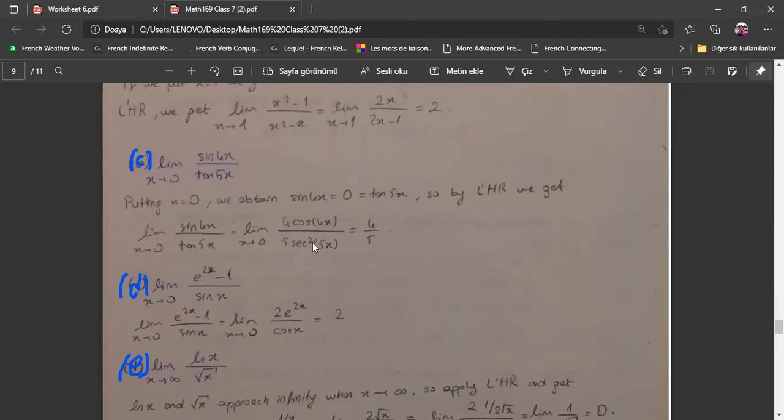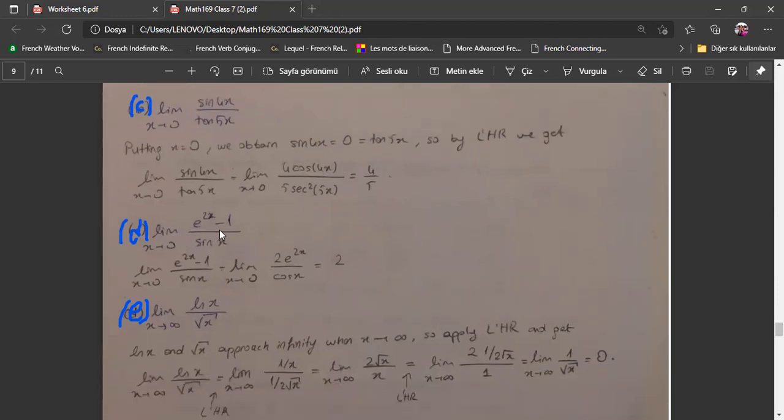We know the derivative of tangent, secant squared. Now if we put x equals to 0, in the numerator we will have cosine 0, which is 1, so 4 times 1 gives 4. Secant squared 5x: the definition of secant is 1 over cosine, so here we have 1 over cosine squared 5x. So we have 1 there again. We get then 4 over 5.